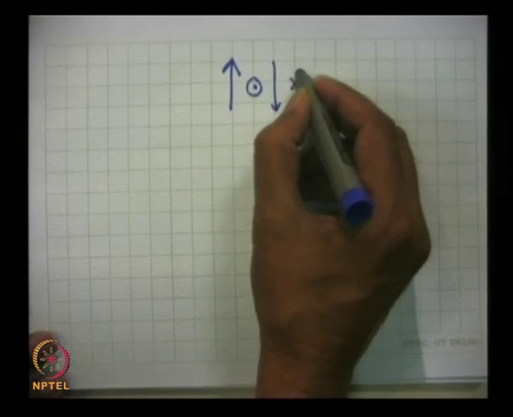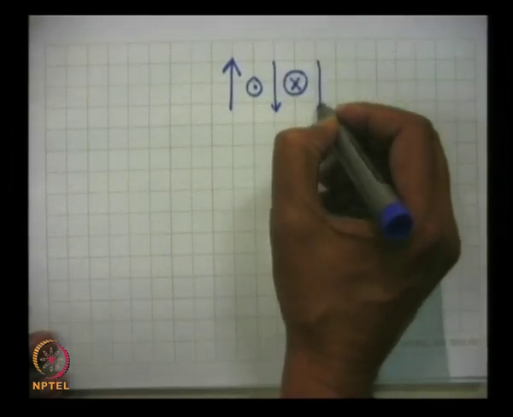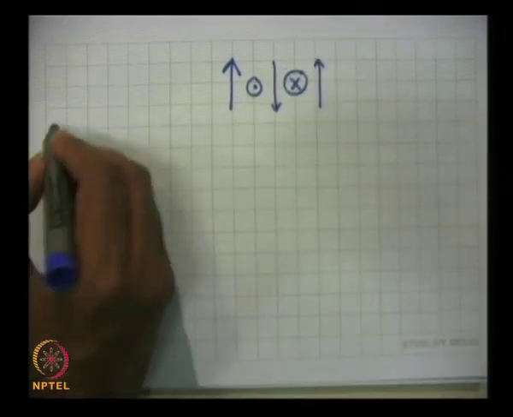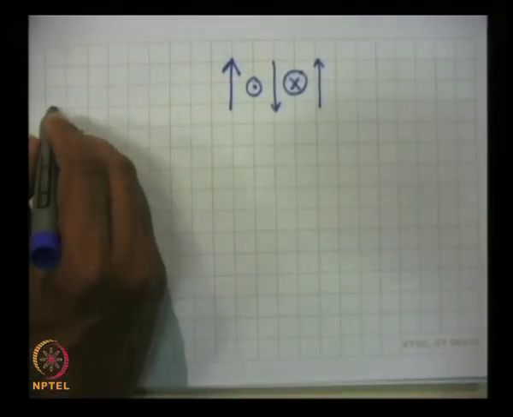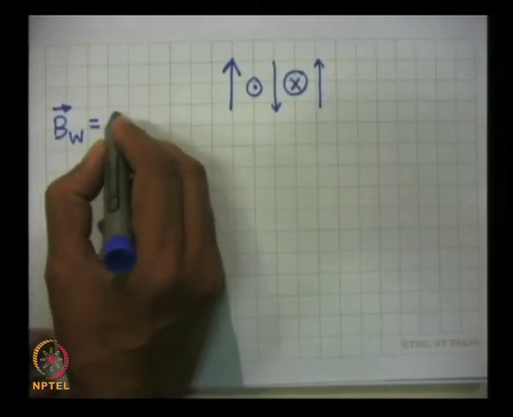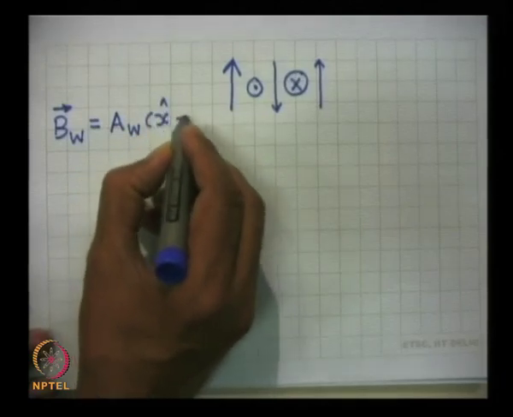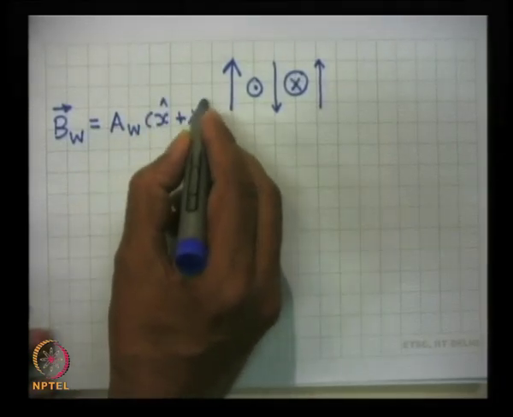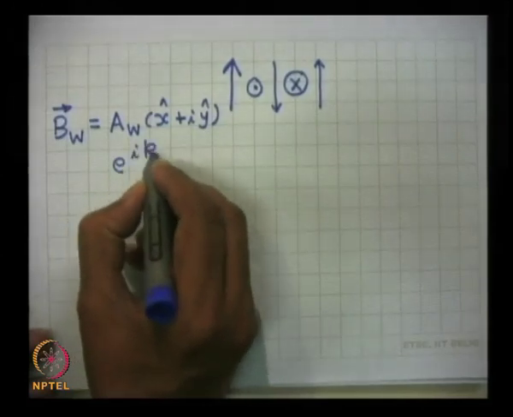This I call the helical Wiggler. And the Wiggler has a magnetic field given by B_w is equal to some amplitude A_w (x cap plus i y cap) into exponential of i k_w z.